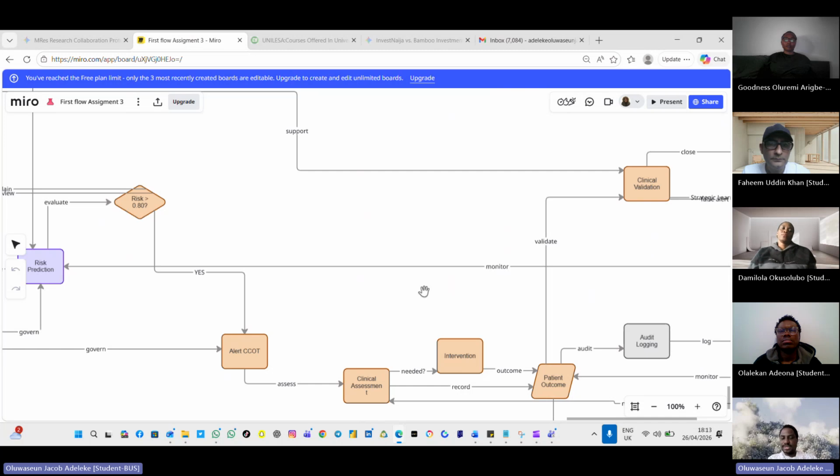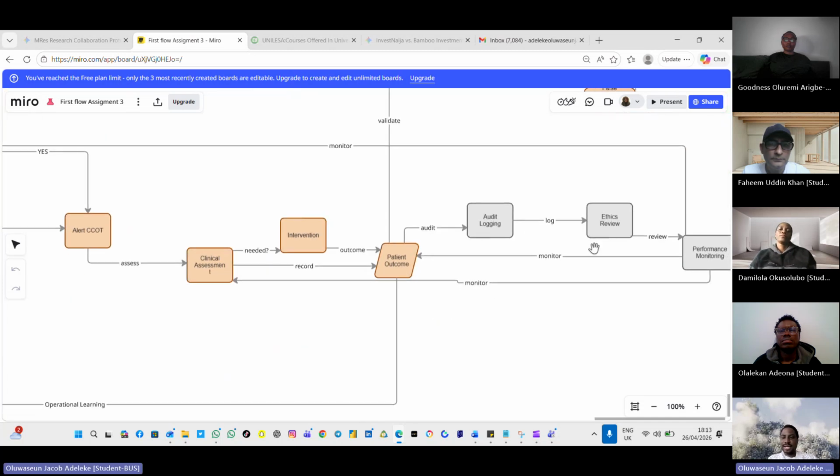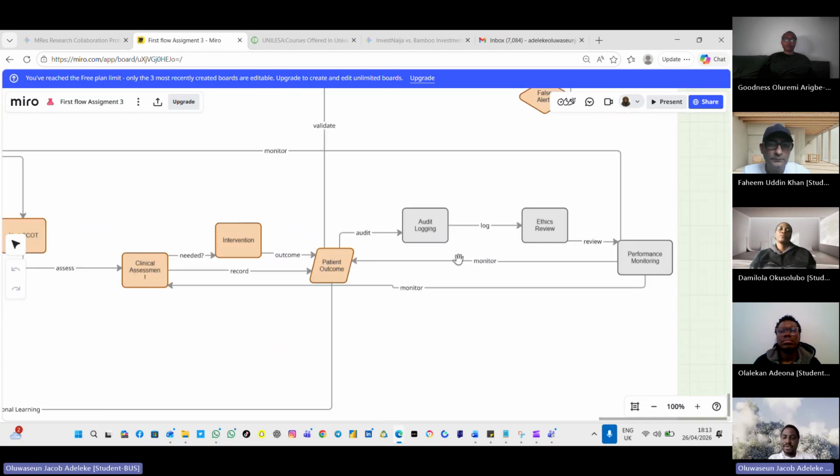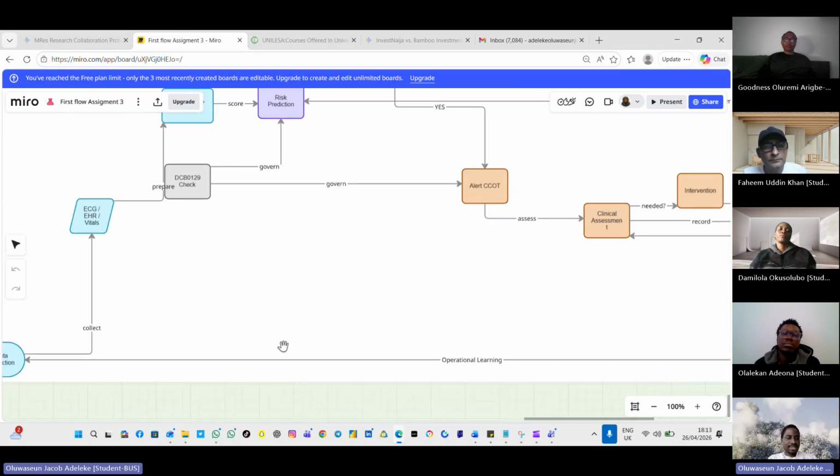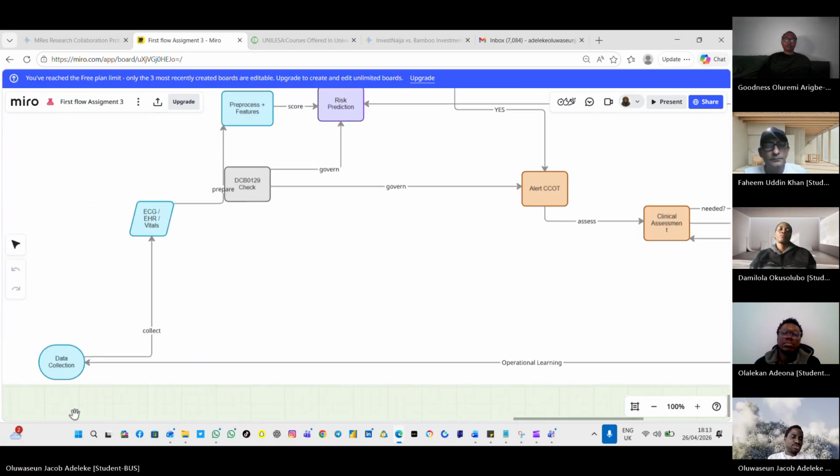Now, we can see that our data gotten from here is sent back for the purpose of learning, back to the NHS, so that we can use this to train our AI model.